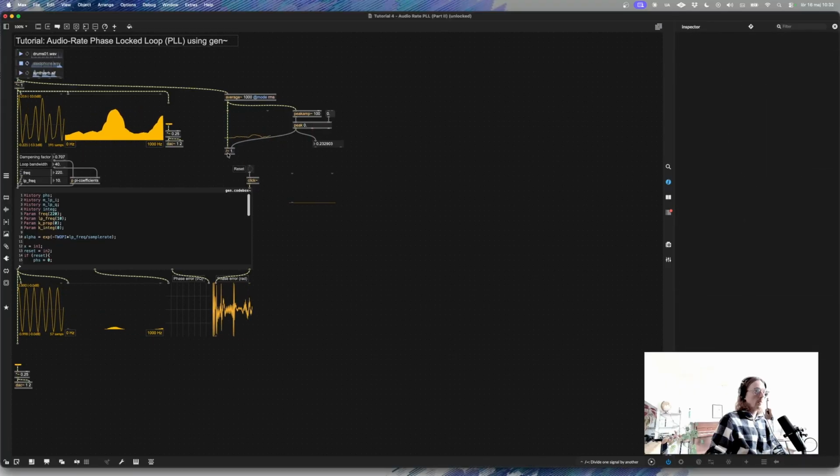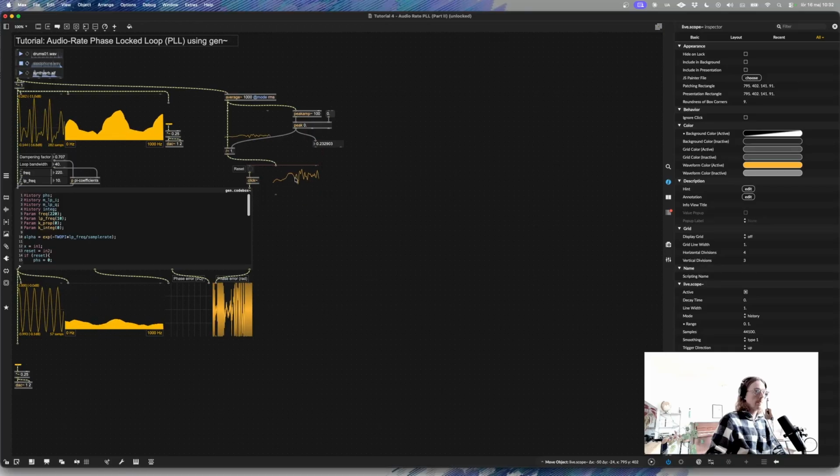And now we should have scaled this signal between 0 and 1, where 1 represents the maximum of this signal over time.